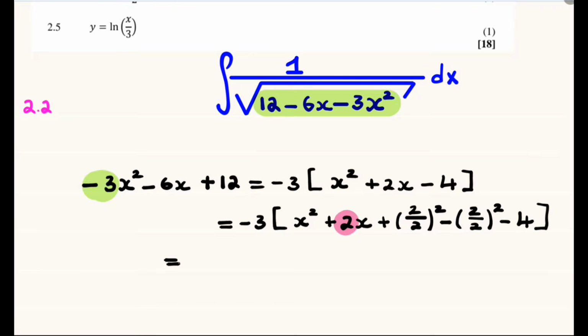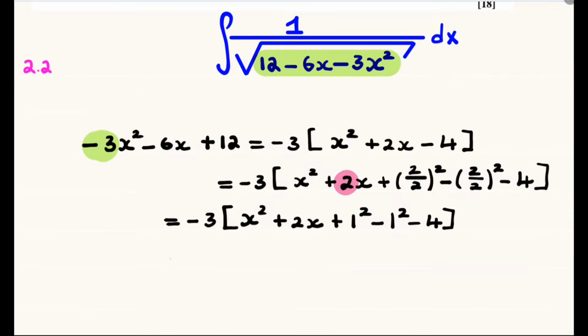and we simplify, and this will be equal negative 3 multiplied by x squared plus 2x plus 2 divided by 2 is 1, and we don't remove the square, minus 1 squared minus 4, and this will be equal negative 3, and just that the x squared plus 2x plus 1 squared only will simplify to x.